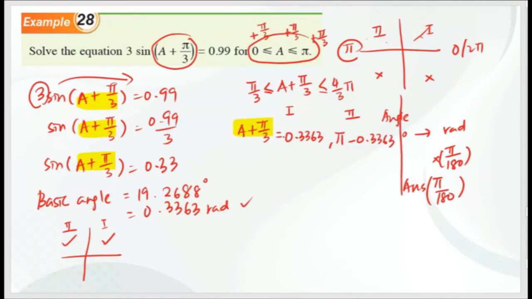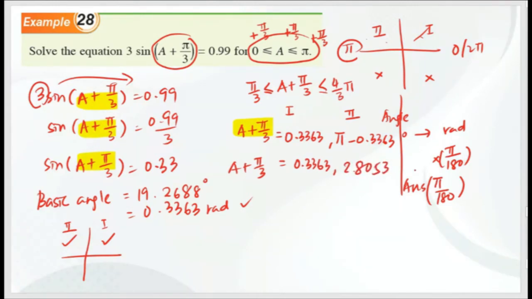So A plus pi over 3 equals 0.3363, and pi minus 0.3363 is, press your calculator, 2.8053.